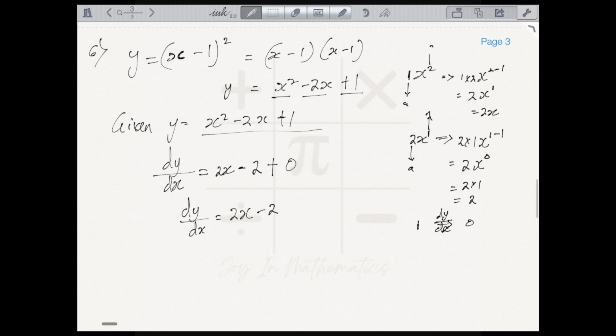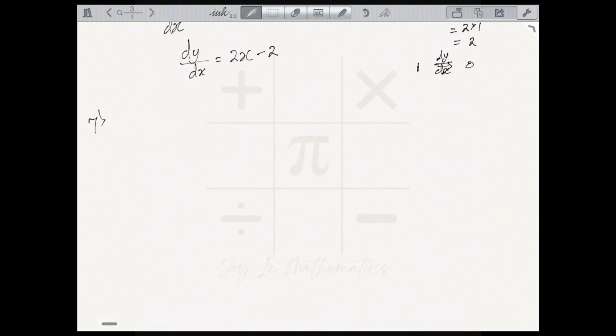We can also have one last example. Given y is equal to 5x raised to power 4 plus 4x minus 1 over 2x squared plus 1 over root x minus 3. The first thing to do is to put all the variables in the format of ax raised to power n.